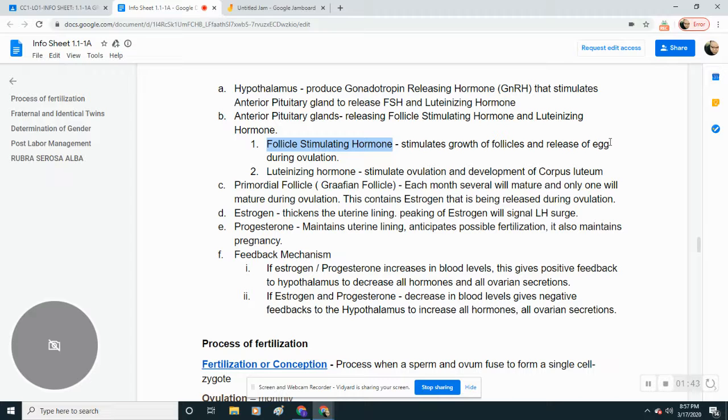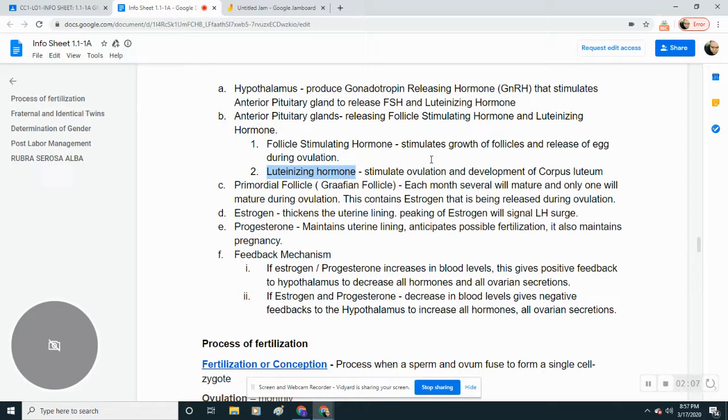Once it matures, it releases the egg, which is called ovulation. The luteinizing hormone stimulates ovulation and the development of the corpus luteum. So when ovulation is done, your luteinizing hormone increases.